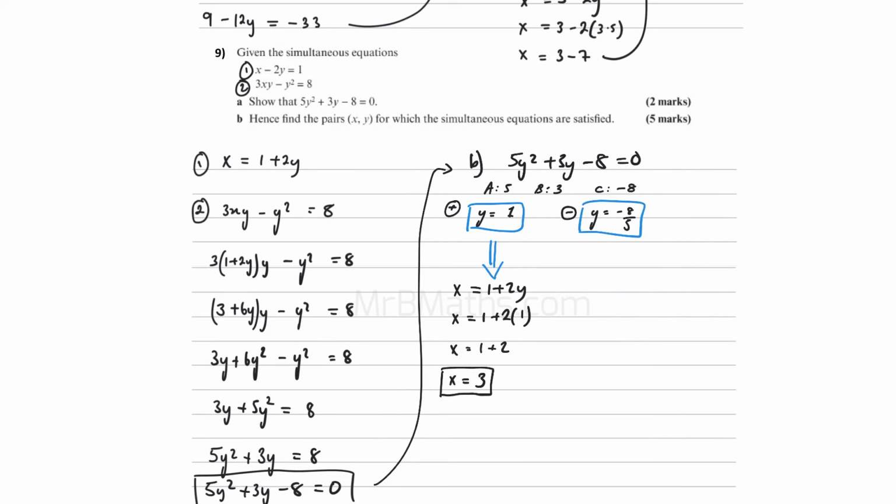Okay, so that's a pair of coordinates right there. And then here we can do the same thing. x equals 1 plus 2, open bracket, negative 8 over 5. And we get an answer of minus 11 over 5, which is negative 2.2.